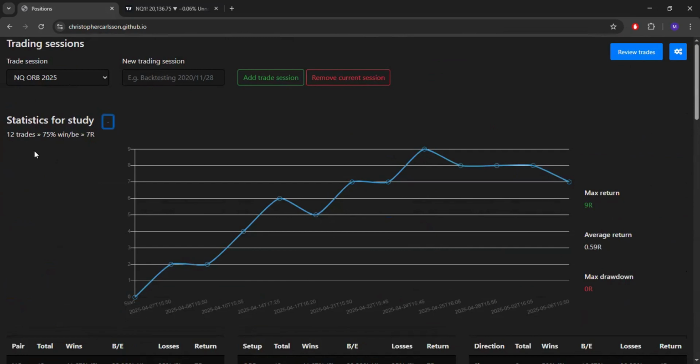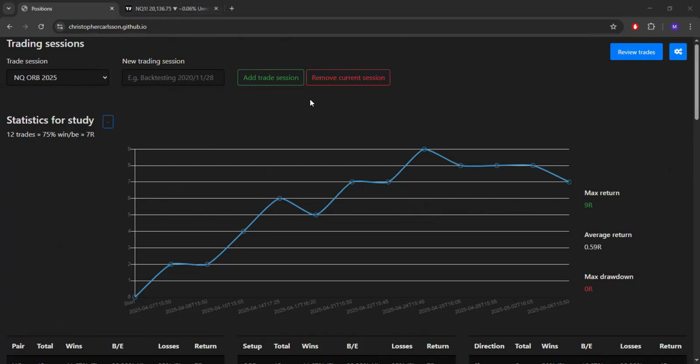12 trades over a month and a bit, and you got a total return of 7R. That is amazing. You're beating the majority of trading strategies at this point over a month and a week, because this thing started on the 7th of April and we went up until what was Friday's date, the 9th, okay, I would even say the 8th.